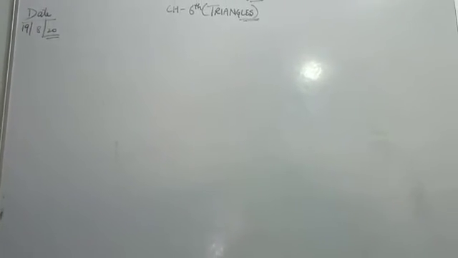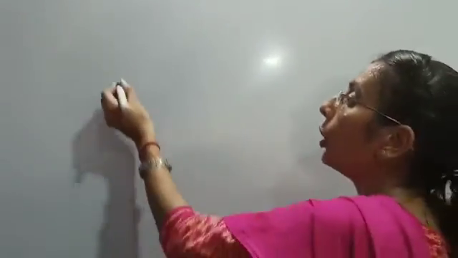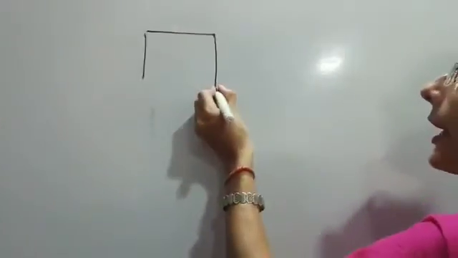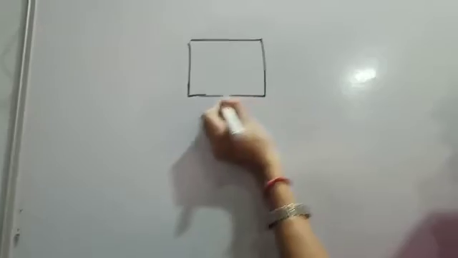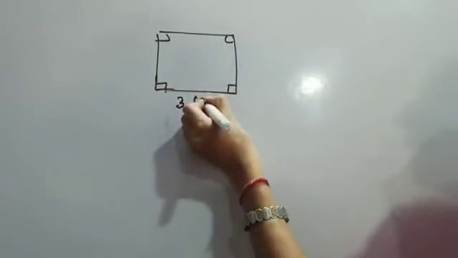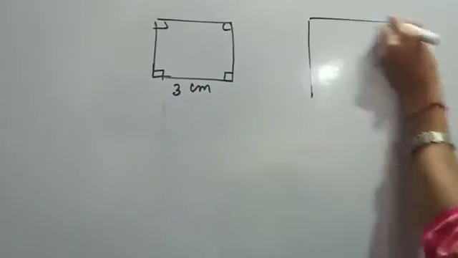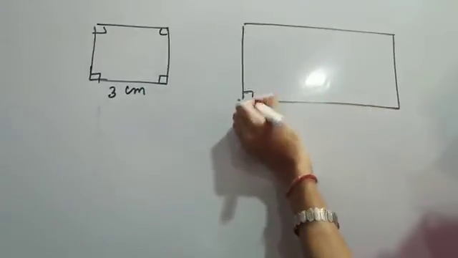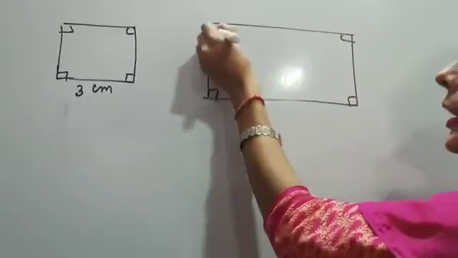If I draw two shapes, suppose one is a square with each side 3 centimeter, and on the other side all the angles are equal.